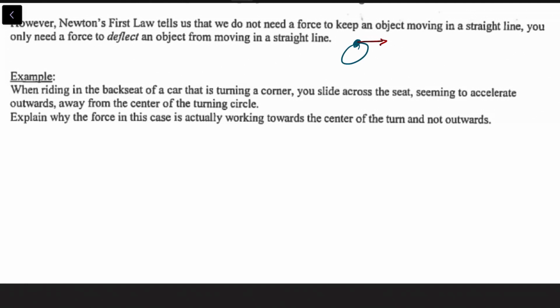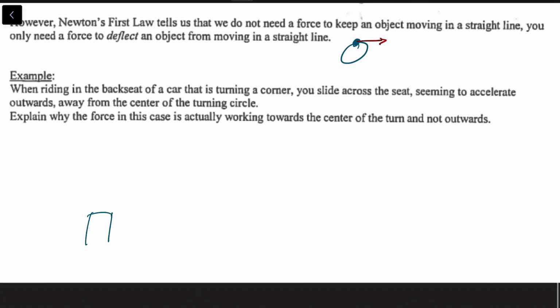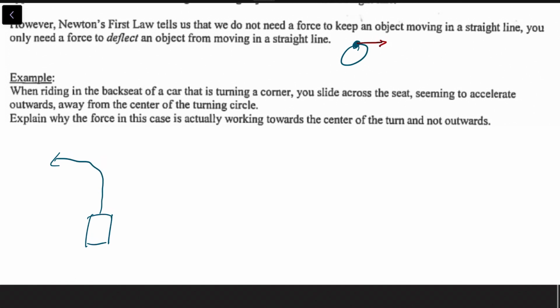So in this situation here, explain why the force in this case is actually working towards the center and not outwards. If you take this left-hand turn, so you're in a car and you turn this corner, your body, once you're here, wants to keep doing what it's doing.